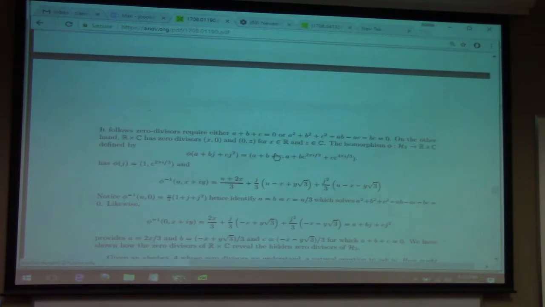What are a, b, and c? A is 2x over 3, b is that, and c is that. If you add this a, this b, and this c, you get a plus b plus c, which is 0. That's the plane, isn't it? That's the plane with normal (1, 1, 1), yeah.